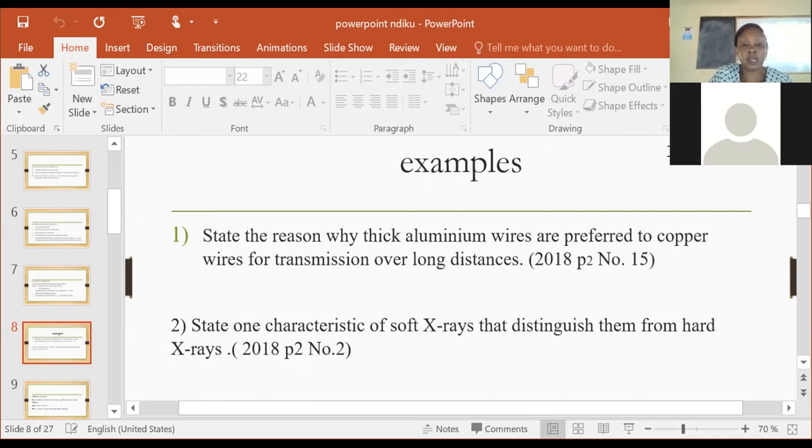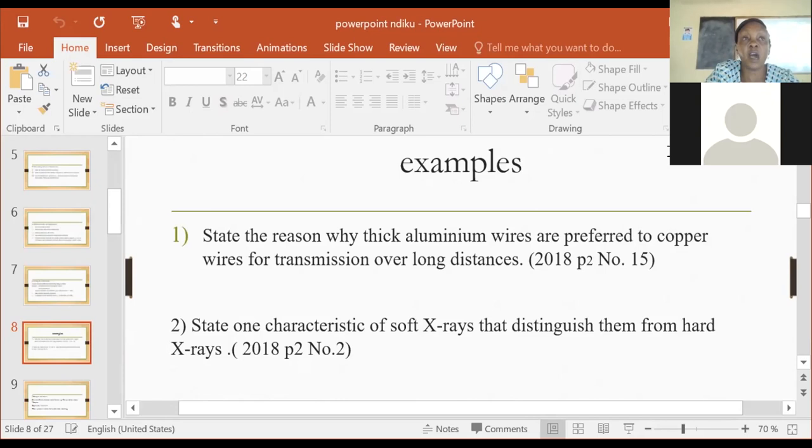State one characteristic of soft X-rays that distinguishes them from hard X-rays. We know all about soft X-rays as well as hard X-rays. If we are giving the answer, a comparative term must be used because we are comparing soft X-rays and hard X-rays.